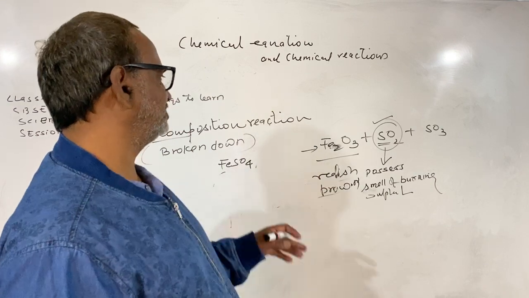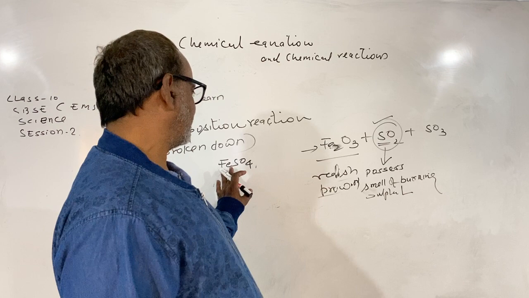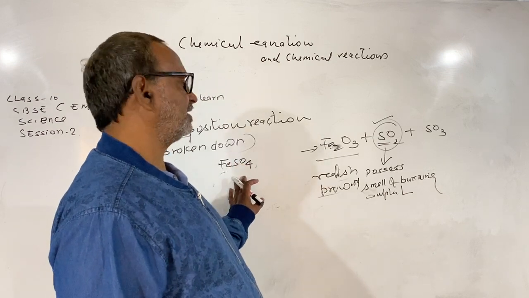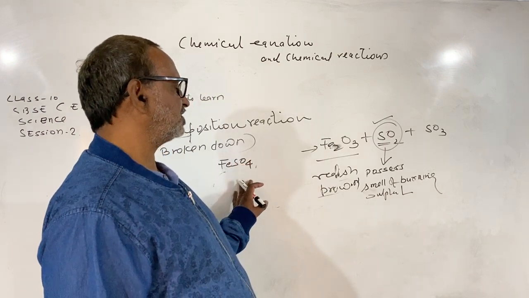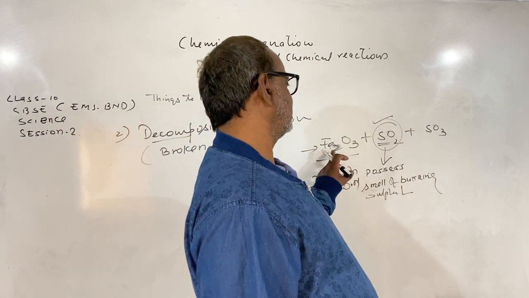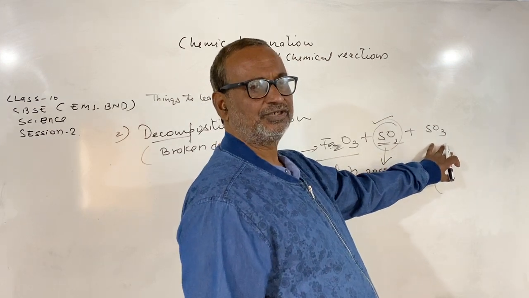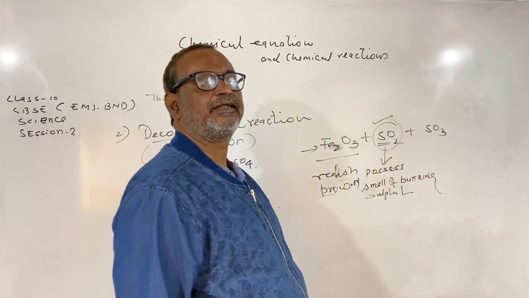Obviously in this reaction you can see that ferrous sulfate on strong heating decomposes into ferric oxide or iron(III) oxide, sulfur dioxide and sulfur trioxide. So it is a decomposition reaction.